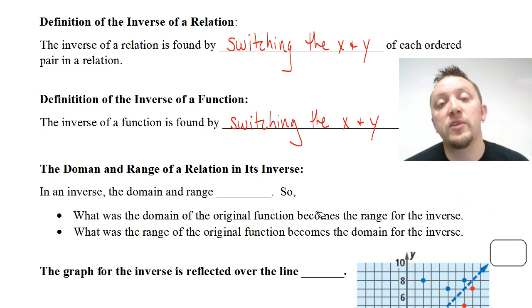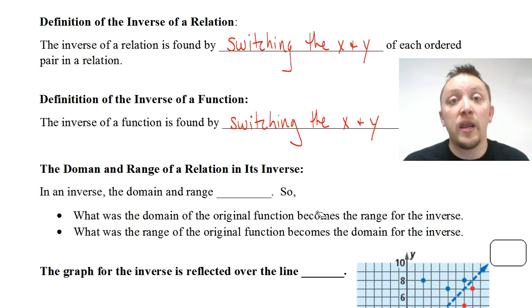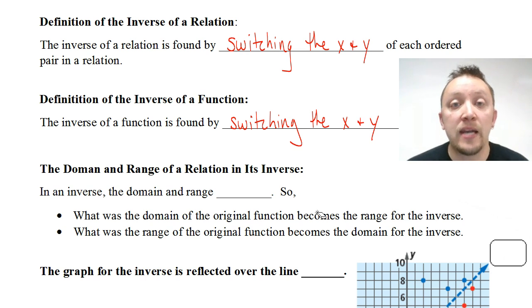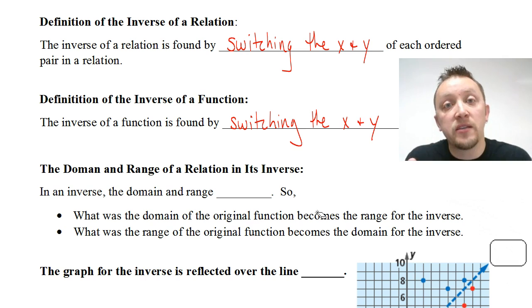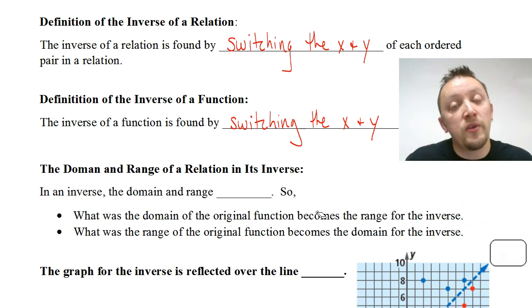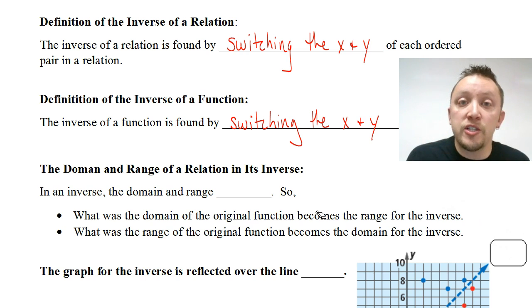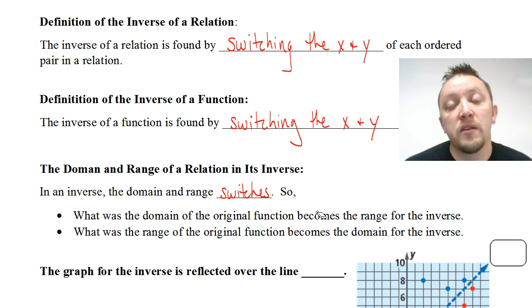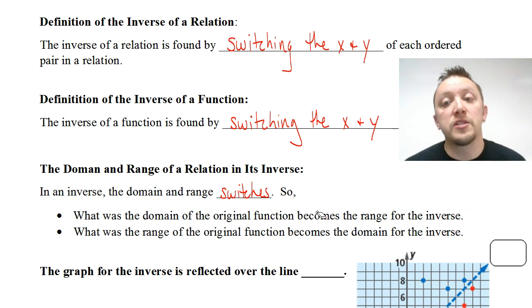Remember earlier in this year we talked about how to find the domain and range. The domain is the set of x's that are graphed, and the range is the set of y's that are graphed. When we find the inverse of a relation, since we're switching the x's and the y's around, the domain and range switch too.